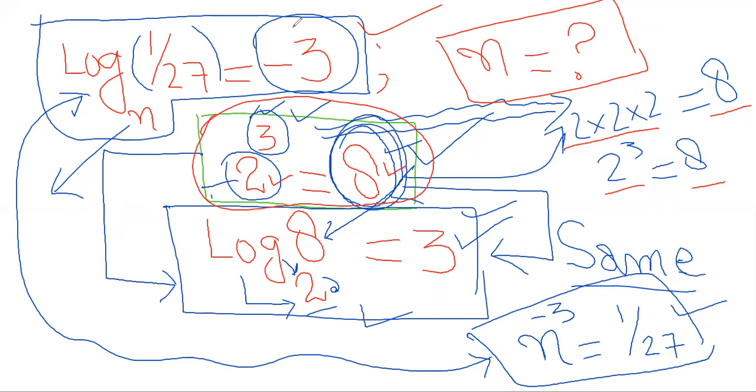So this is called the exponential form, this is called the logarithmic form. Exponential and logarithm have a close relationship. That's why the logarithm has been invented, to describe the same thing in two ways.